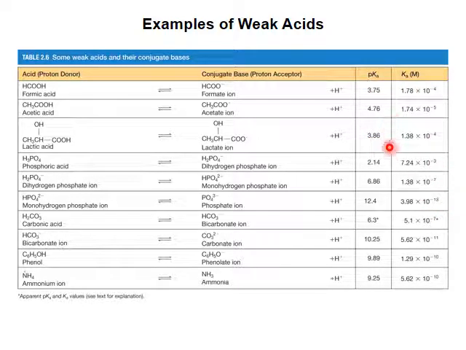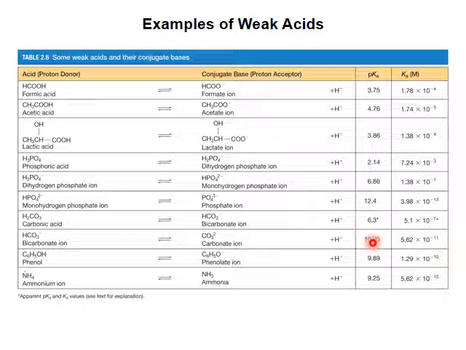So the stronger the acid, the lower the pKa. The weaker the acid, the higher the pKa. And you can see that in the acid dissociation constant. Ka is smaller, therefore the pKa is larger because of the minus log aspect of determining the pKa.